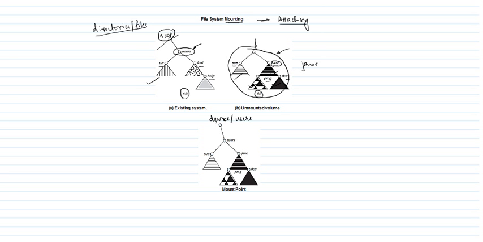So this point has to be mapped to this. So if this point has to be mapped to this, what happens to this directory structure? This directory structure has to be unmounted. Unmounted means what? In order to attach this, you have to detach this.